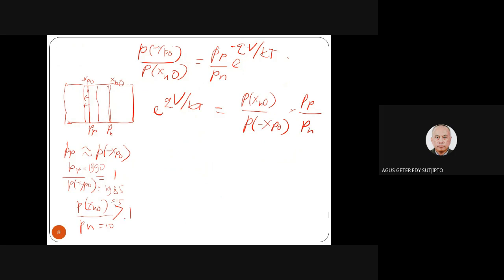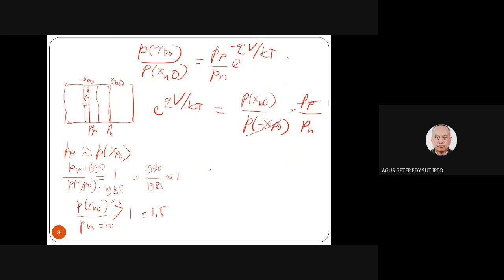So we can see p at xn0 over pn equal to 1.5, 15 over 10, right? But here it is 1990 over 1985, so this is equal to about one. See the difference. So in this case we can remove Pp and P at minus xp0.